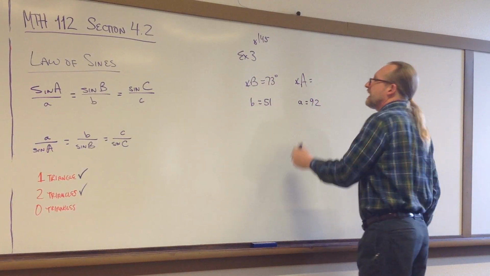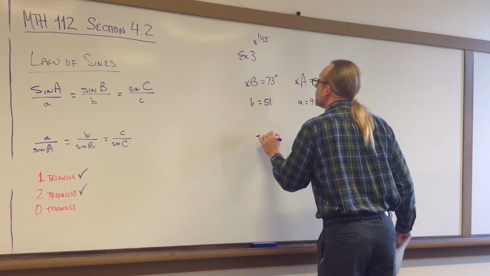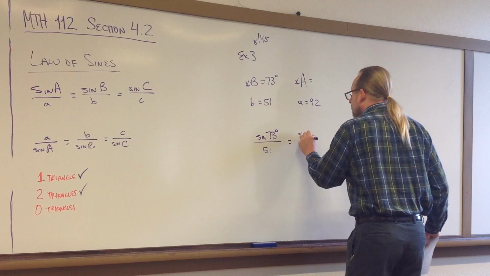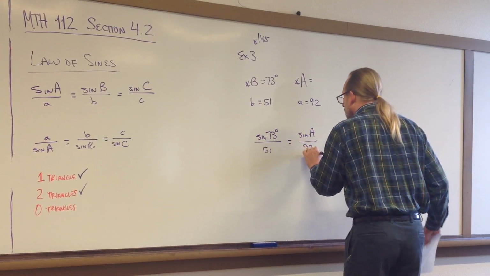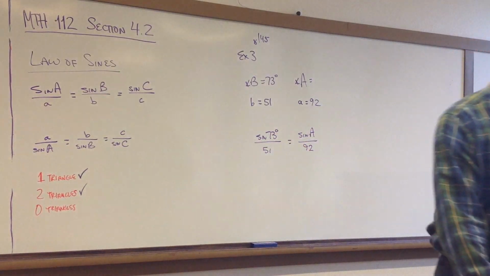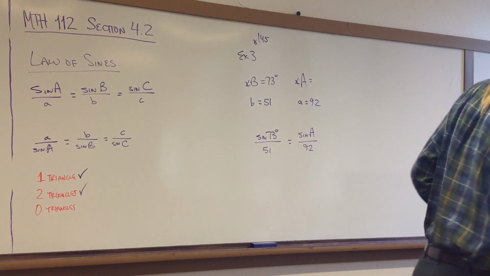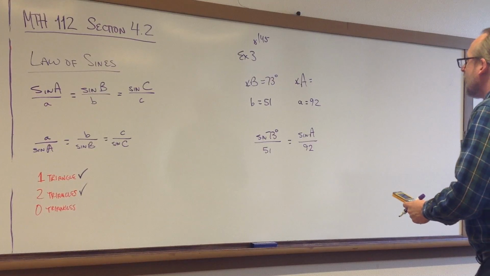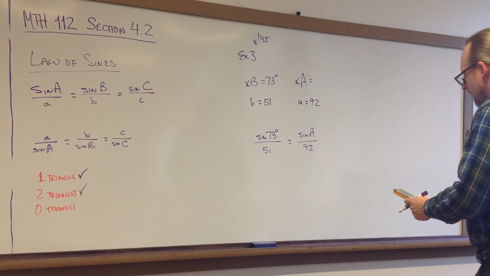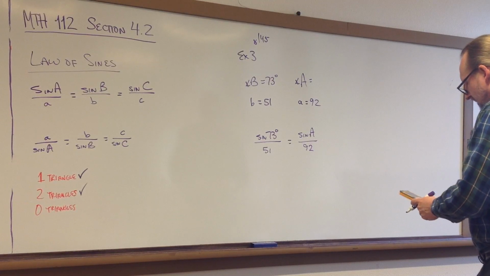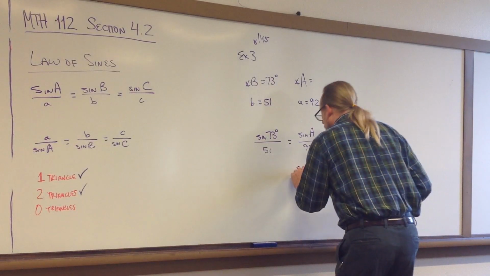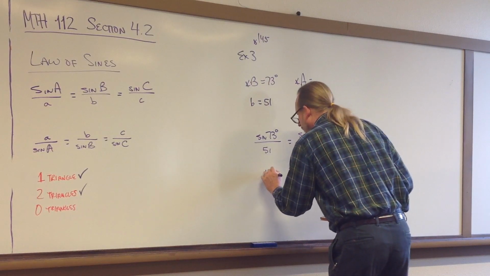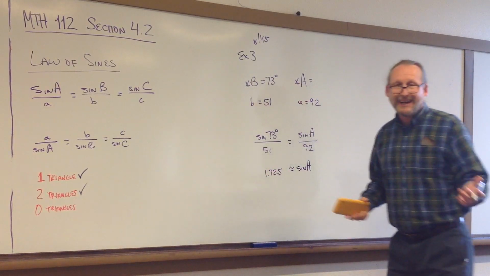Okay, so if we want to find angle A, we'll say sine of 73 degrees over 51 equals the sine of A over 92. All right, so then we say sine of 73 divided by 51 and then multiplied by 92 says that the sine of A is going to be about 1.725.